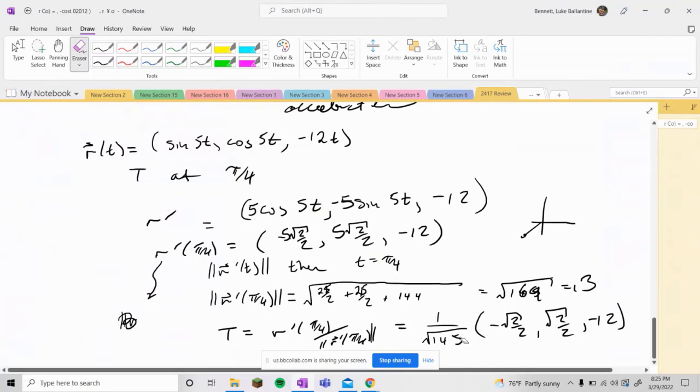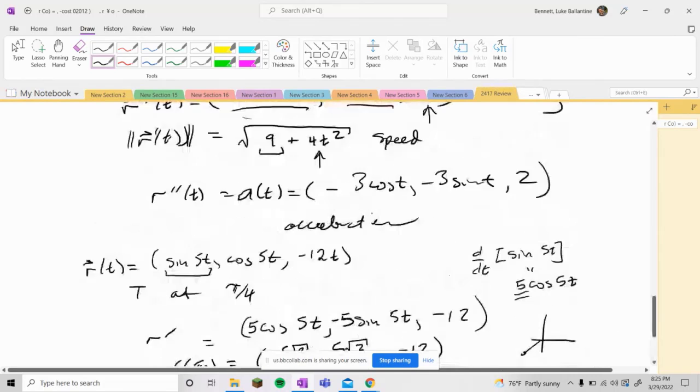So that changes this one. I just forgot the chain rule when I was differentiating. We know that d/dt of sine of 5t is 5 cosine 5t. This comes from the chain rule.